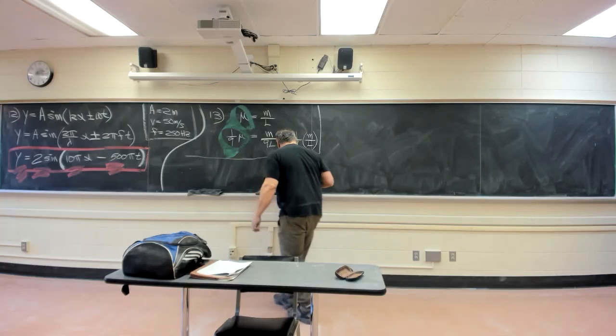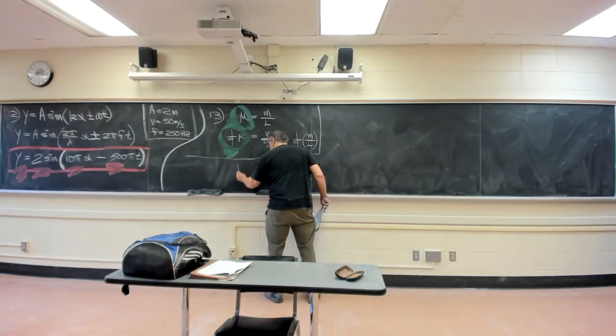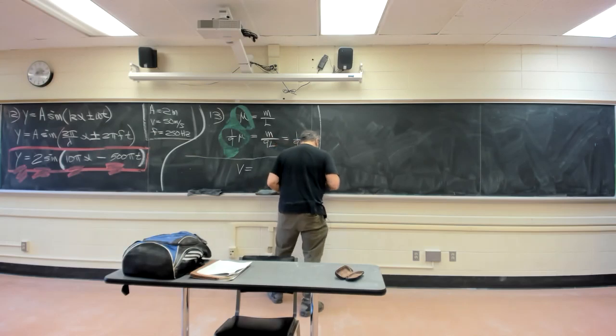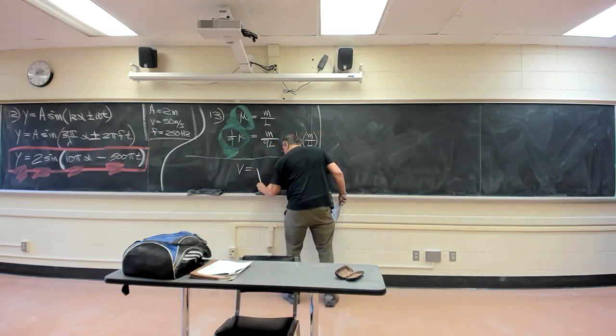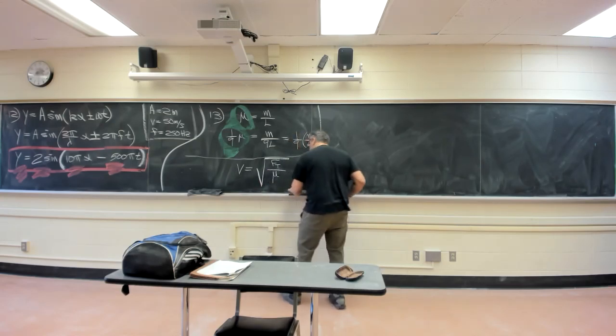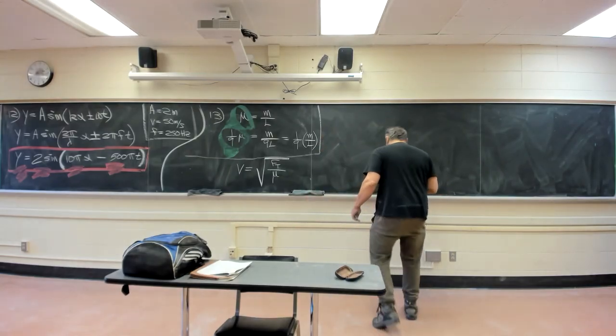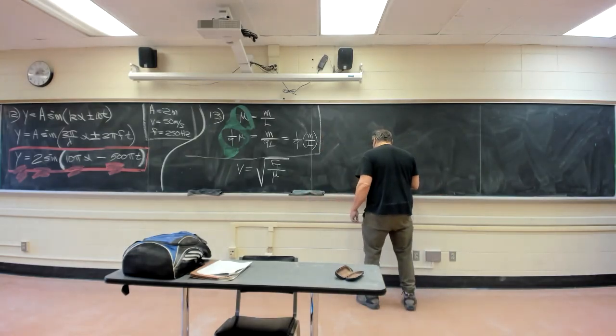You could say, okay, wait a minute. Don't we know that generally speaking, the magnitude of the velocity along the rope is going to be the square root of Ft over mu? And yeah, fine. Can we compare the two?